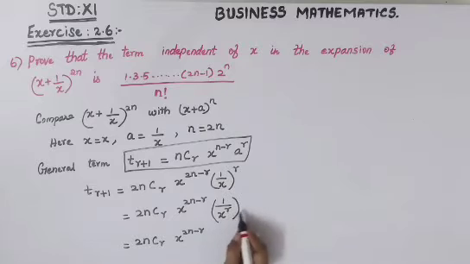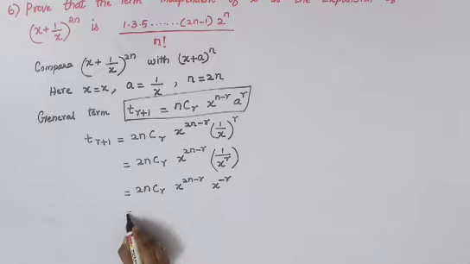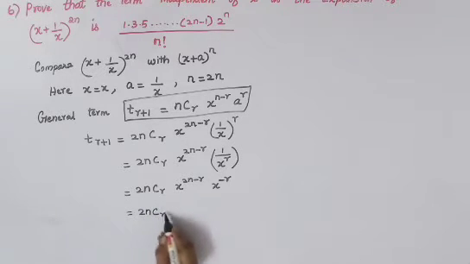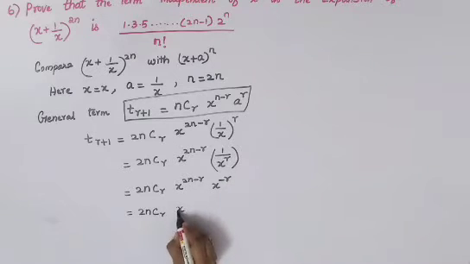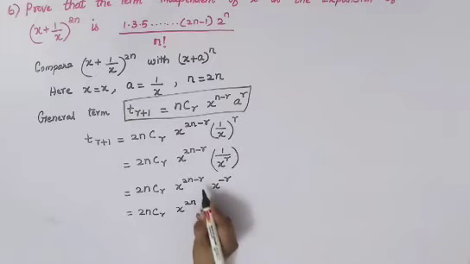Now take this x power r to the numerator, so it will become x power minus r, equal to 2nCr. Since the base is same, you can add your powers. So x power 2n, here 1 minus r, here 1 minus r is there, so you get minus 2r.